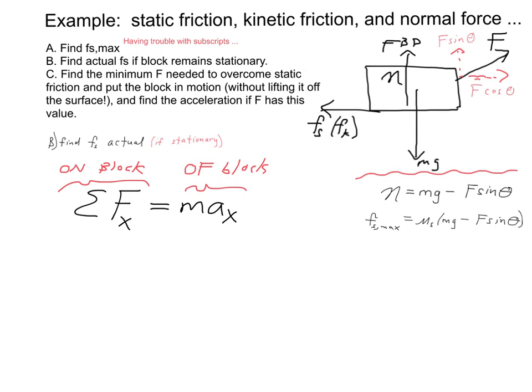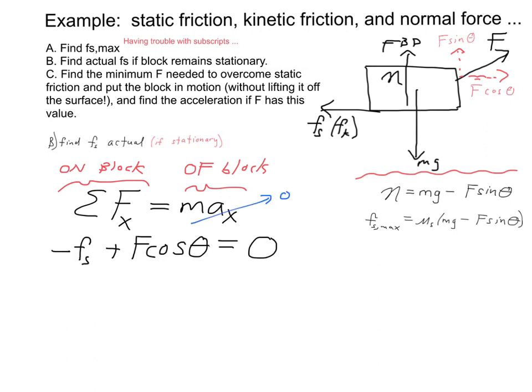So we have F sub s to the left, so it'll have a negative sign in front of it, because that's going to be in the negative x direction. We have this to the right, and the acceleration of the block, well, if it's stationary and remaining stationary, that's 0. So let's plug all that into our Newton's second law equation.